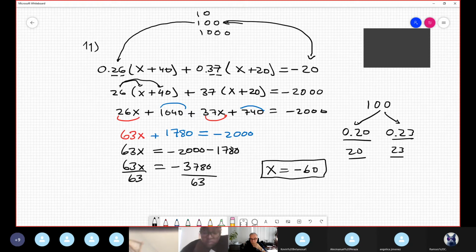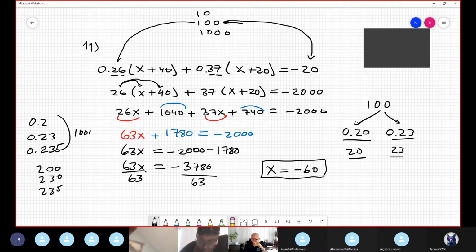Suppose another hypothetical: 0.2, 0.23, and 0.235. In this case, you multiply by 1,000, and you have 200, sorry, 230, and 235, when you multiply everything by 1,000. So 3 decimal places: 1, 2, 3.